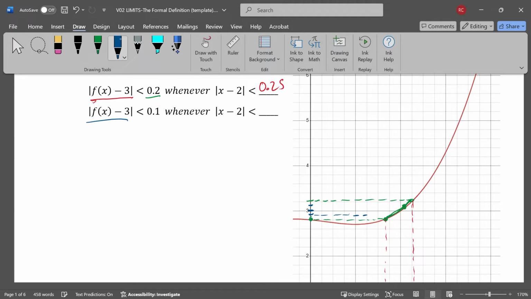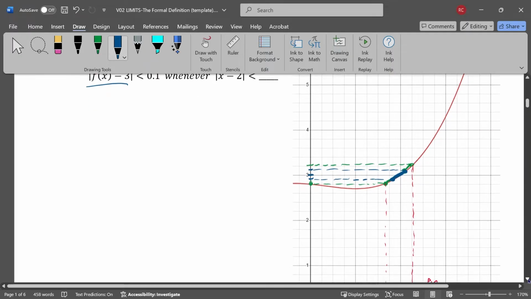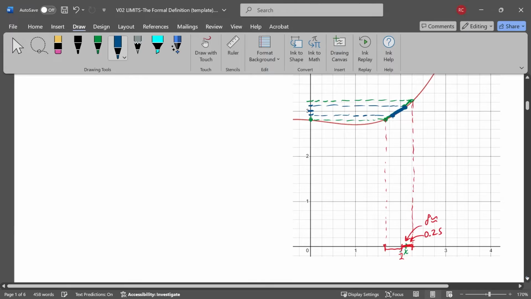I'm going to draw my little dotted line, mark my graph. So now I'm trying to figure out what x values correspond to just this part of the graph. But again, in terms of the distance away from 2 that those x values are. So we scroll back on down, and we're going to carry these dotted lines through.